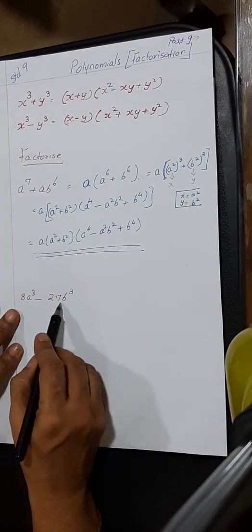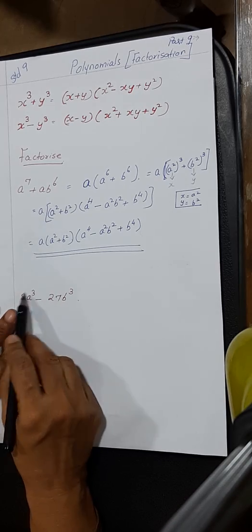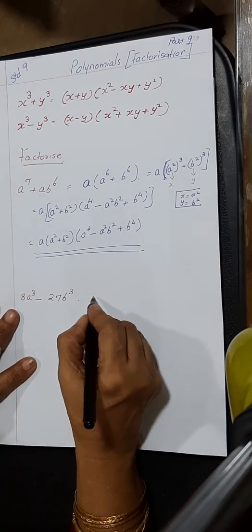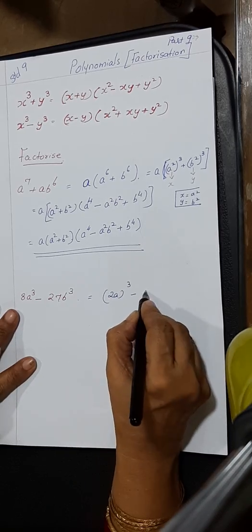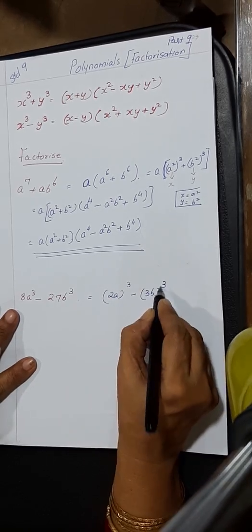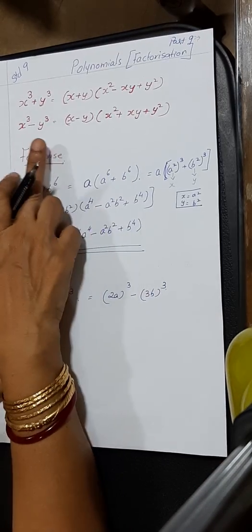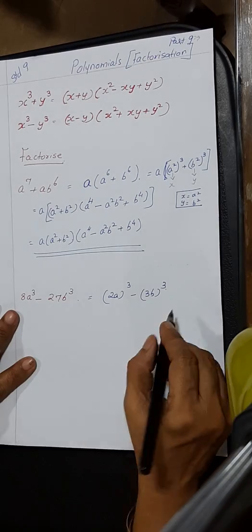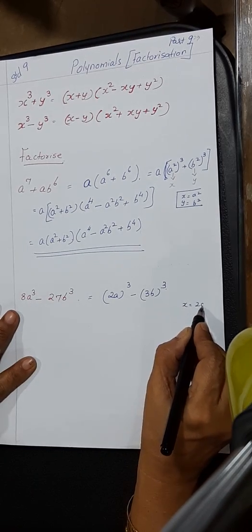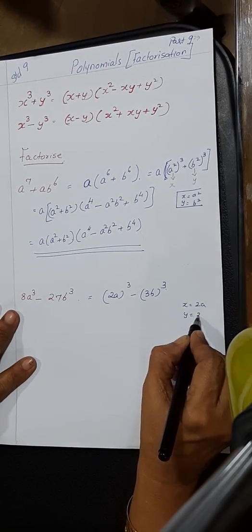Now coming to this problem again, this is a perfect cube, this is a perfect cube. You can write this as 2a the whole cube minus 3b the whole cube. Simply substitute it in this formula. This is the x cube minus y cube formula. So x is equal to 2a and y is equal to 3b.